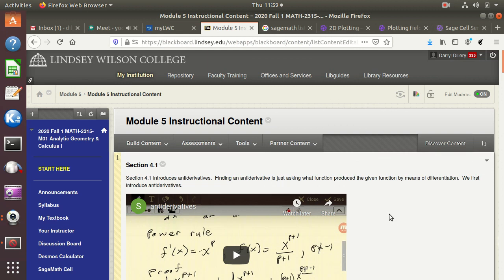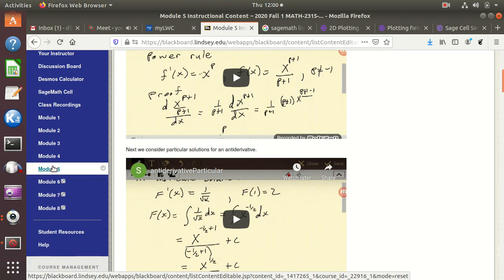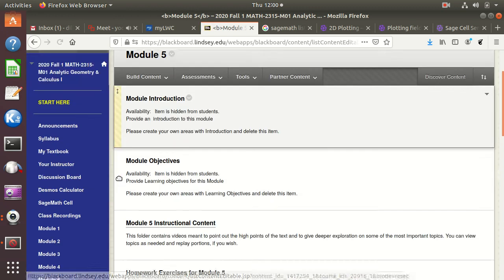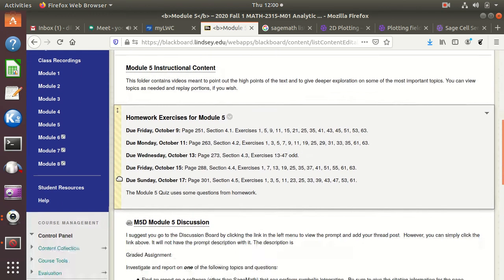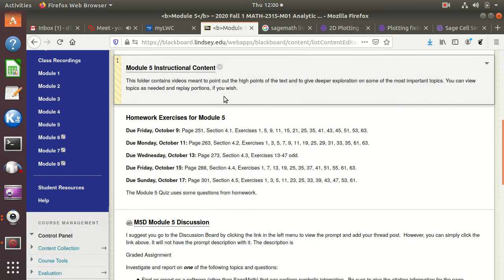Okay, so it is definitely a bit haphazard still with things. I opened up the Module 5 instruction, let's go to Module 5 in general. It's got the beginnings of the instructional content.